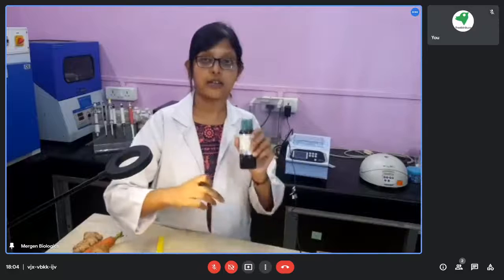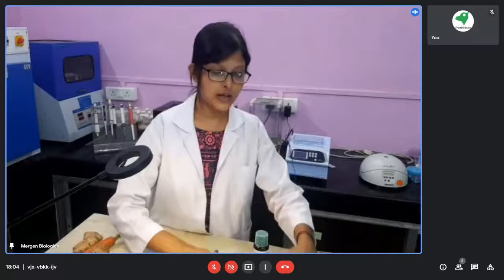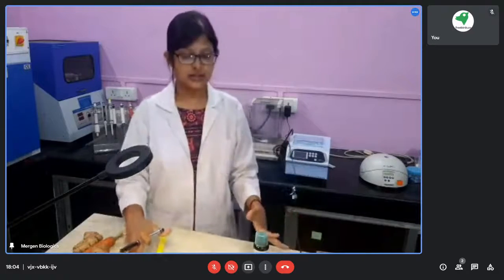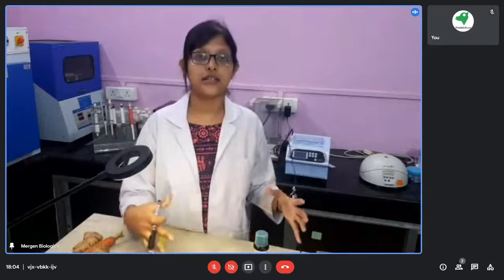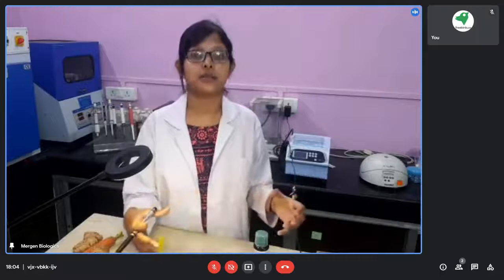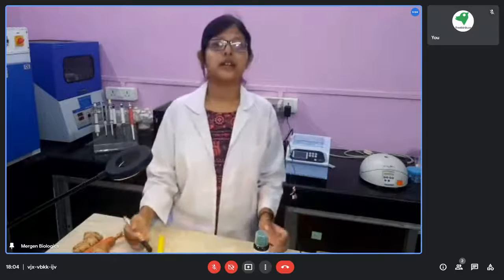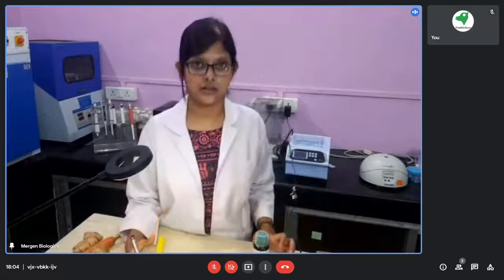So we need to grind very well, so that the starch comes out and reacts with the iodine we are giving to the sample, and gives a beautiful deep blue coloration, or maybe a very light blue coloration. That is the experiment I designed to learn about starch and which vegetables commonly found at our home have a larger amount of starch.